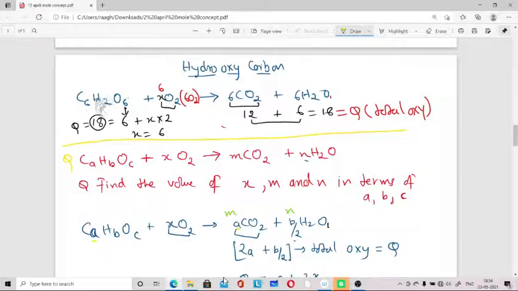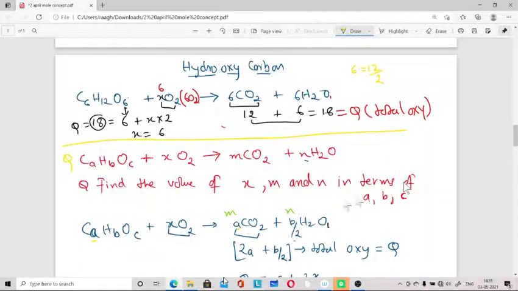Now here we had 12 hydrogen, so 6 water. 6 is equal to 12 by 2. So here it is b, and b by 2 is your N, like that, because it was 6 for 12.